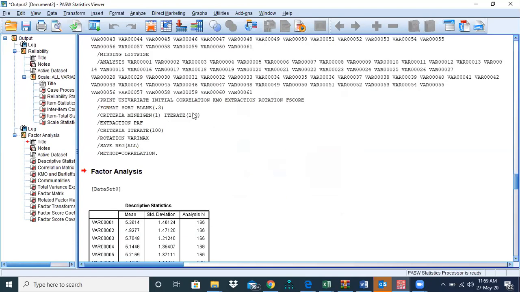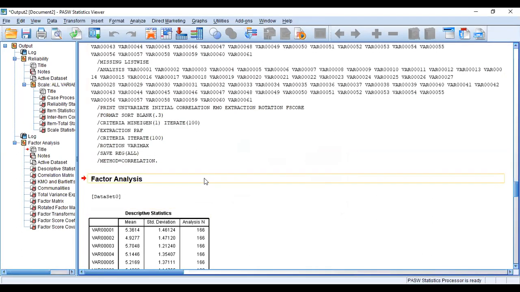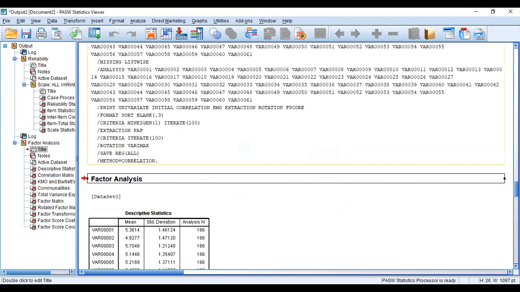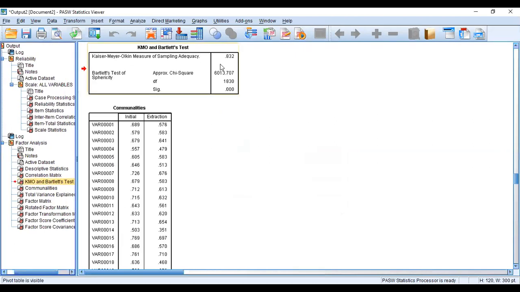What we'll see in the same output sheet, the factor analysis results are added, and one by one we'll see. We'll go to the KMO and Bartlett's test of sphericity, and we see the value is 0.832.